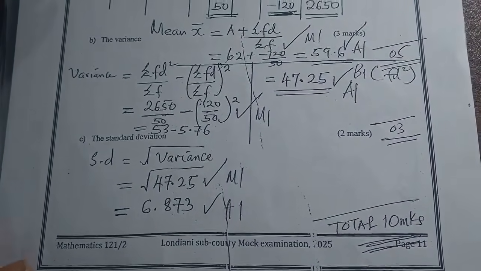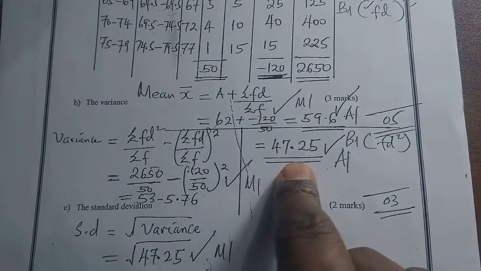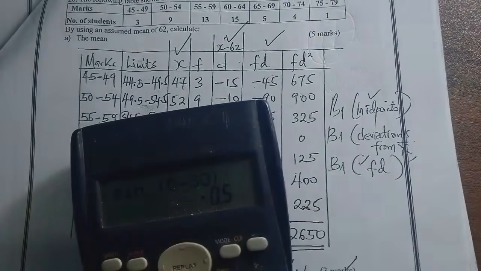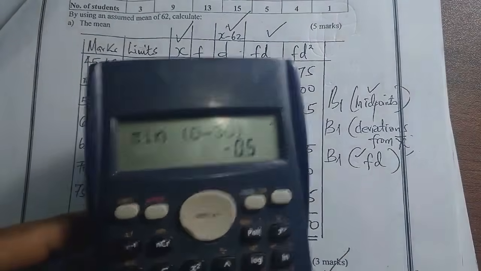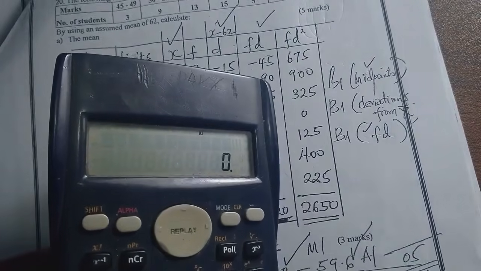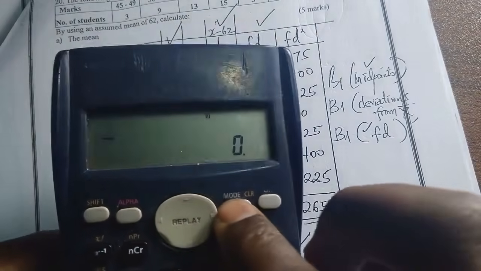Your answer is, the standard deviation is this, and the variance is this. So to be sure, I want to show you how to use the calculator and confirm your answer.